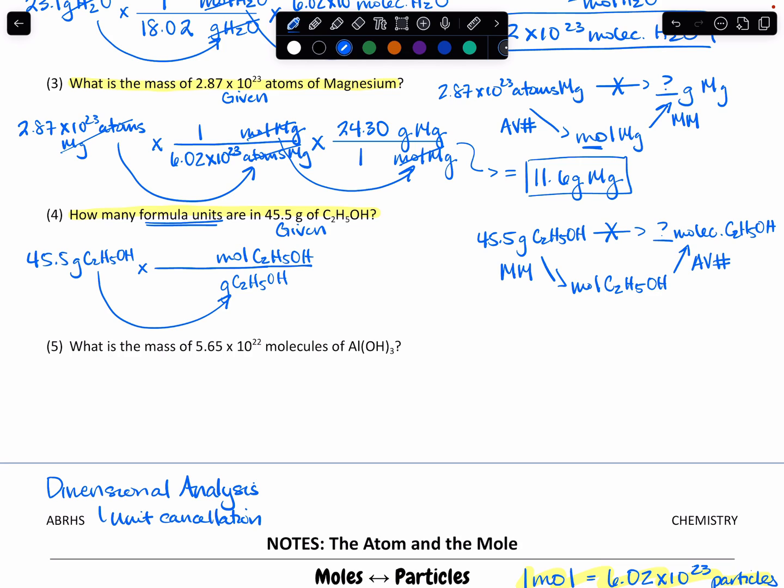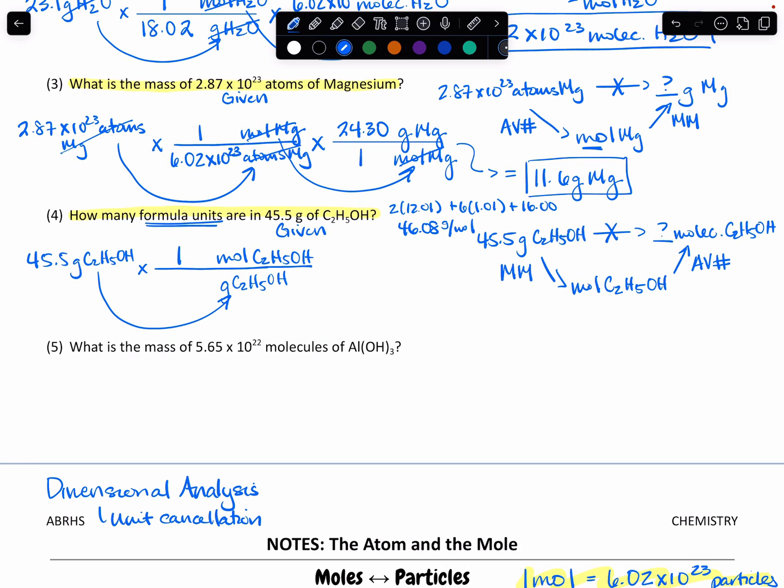I have 2 carbons at 12.01 each, plus 6 hydrogens at 1.01, plus a single oxygen at 16. So 24.02 plus 6.06 plus 16. I have a molar mass here of 46.08 grams per mole. So in other words, 1 mole of C2H5OH has a mass of 46.08 grams.